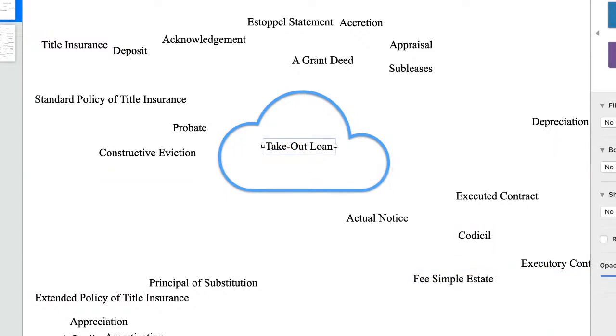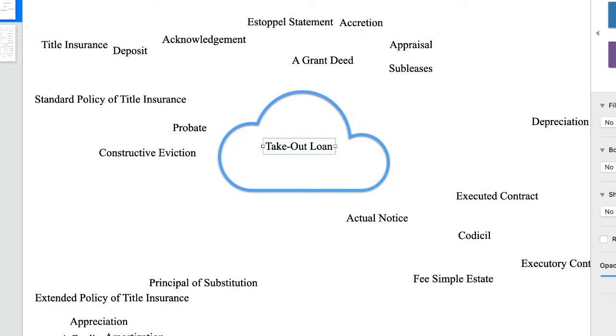Okay, takeout loan. What's a takeout loan? A takeout loan is a long-term loan.